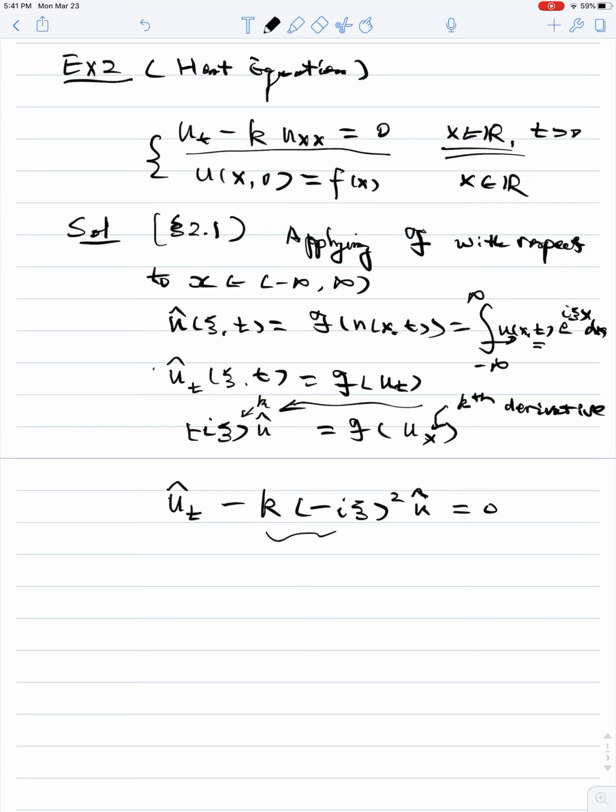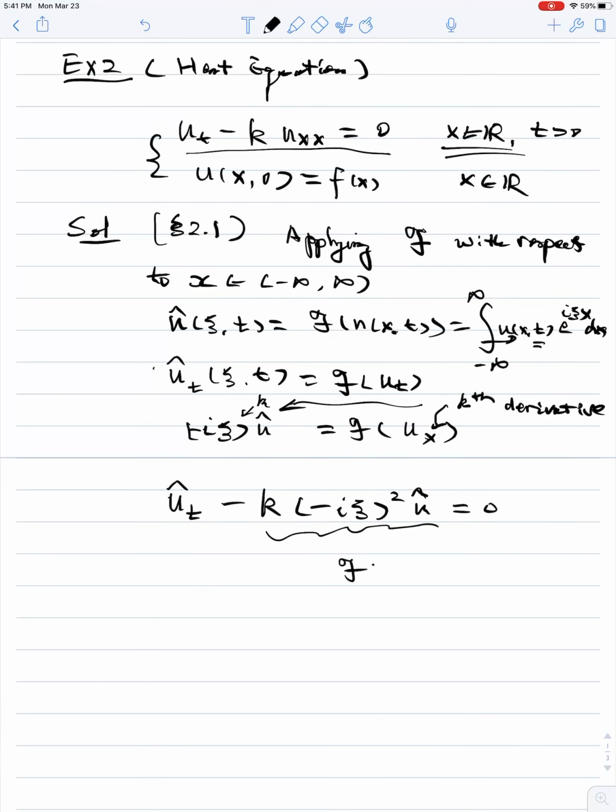Here we use the property that the Fourier transform of the kth derivative of a function is (-iξ)^k times the Fourier transform of the original function.